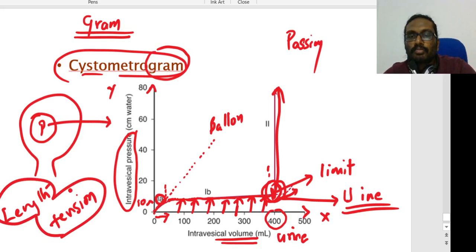Here in your bladder, you find a completely different relationship between length and tension. That kind of behavior is because of the peculiar stretchable nature of the muscle arrangement you find in the bladder, which describes its length-tension relationship.